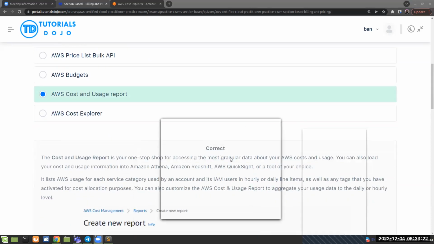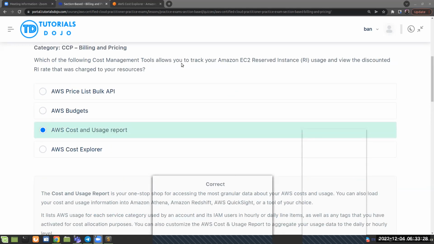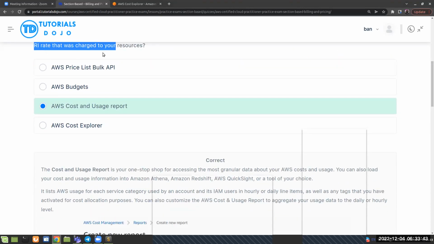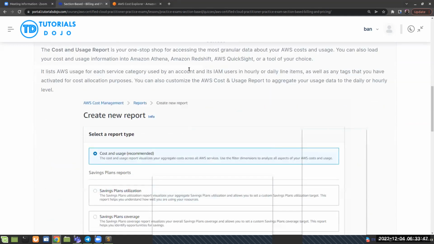I now see, okay, C and D. So what's the difference between cost and usage report and cost explorer? Remember, this allows you to track your EC2 reserve instance usage and view the discounted RI rate that was charged to your resource. That's the view of the discounted reserve instance rate that was charged to your resource.